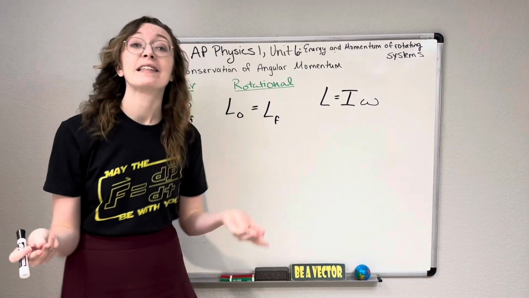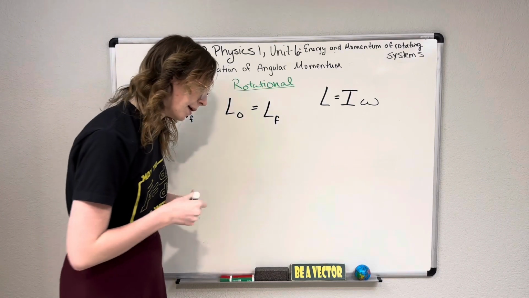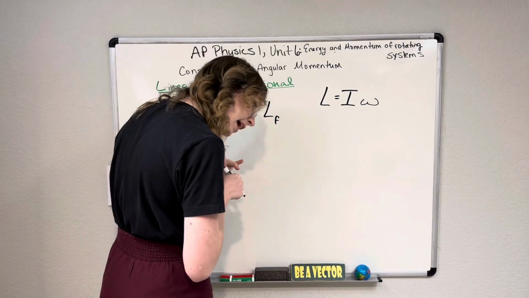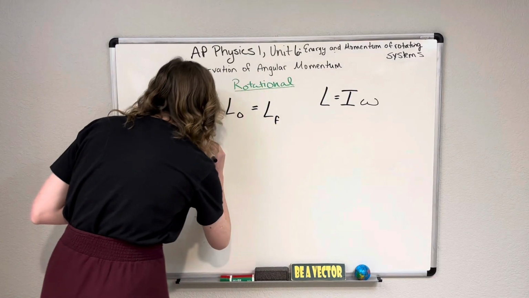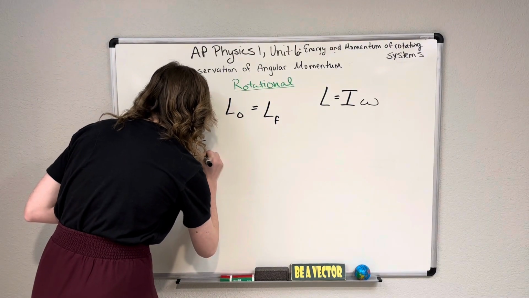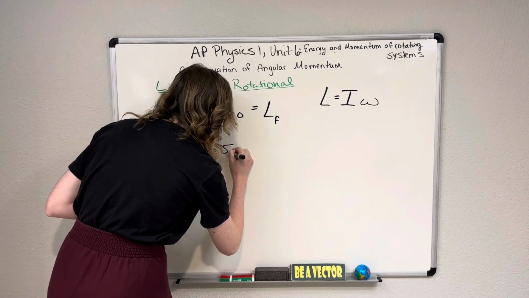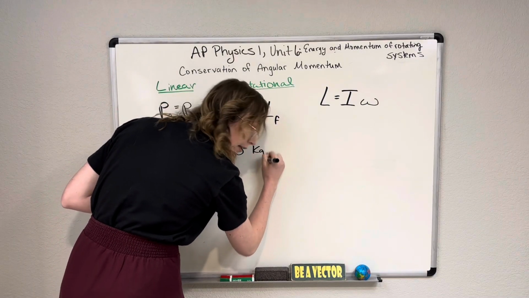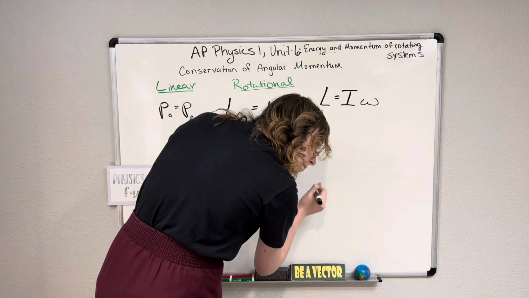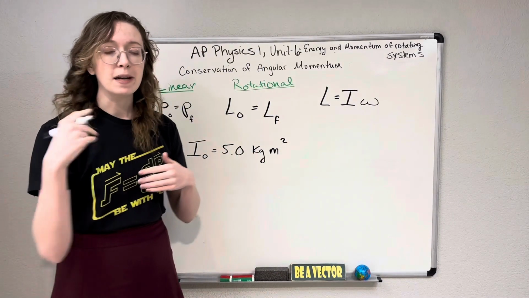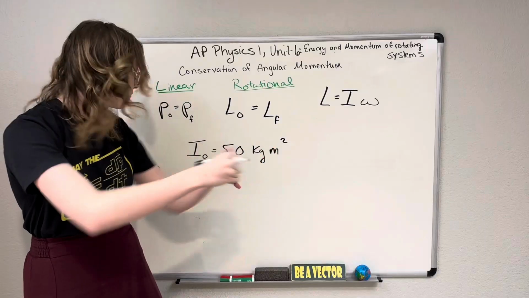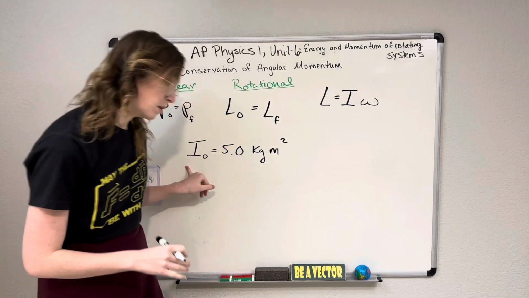So let's go back to that little ice skater example I was talking about. Let's say we have an ice skater who has her original moment of inertia as 5.0 kilogram meters squared when her arms are spread out. So she's spinning around with her arms out, and this is her original moment of inertia.